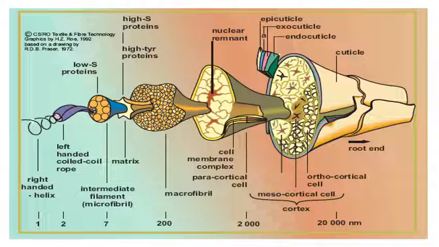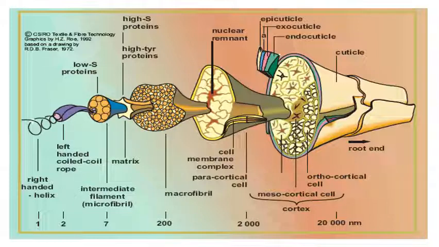Now if we see the diameter of the whole fiber, it is 20,000 nanometer or 20 micron. This is in case of fine wool. Then at the next stage the diameter is 2000 nanometer or 2 micron, and from there we see the macrofibril, which is 200 nanometer.